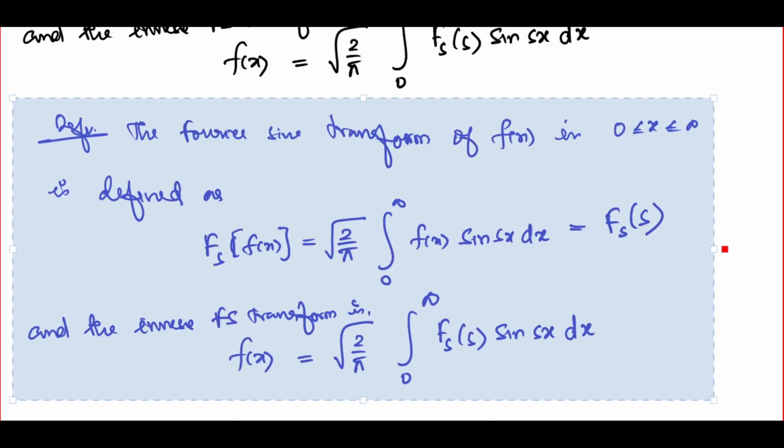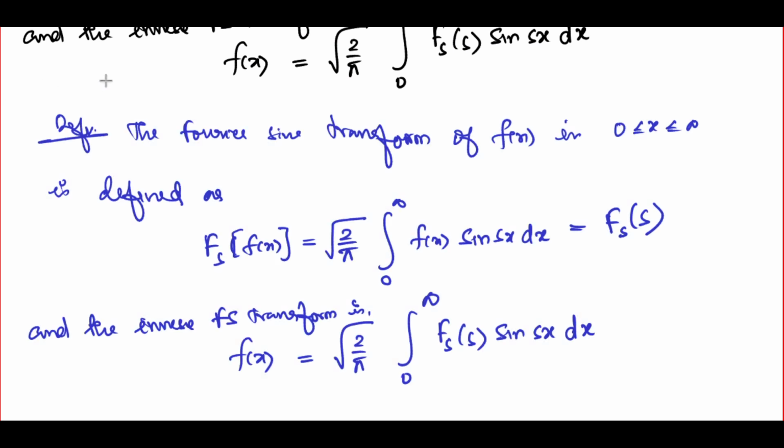Wherever the sine was there, I can change it to cosine, and here instead of sine I have to replace with cos. I think that's all.